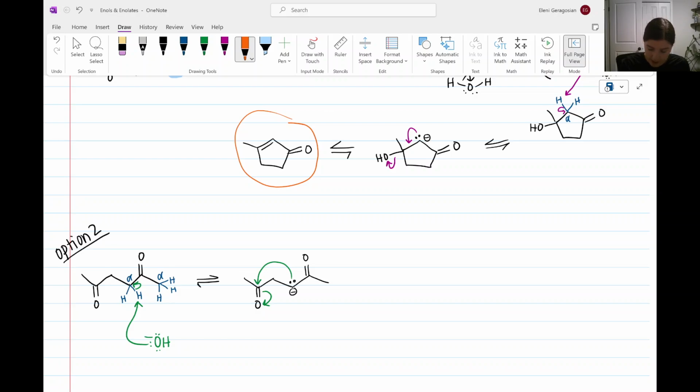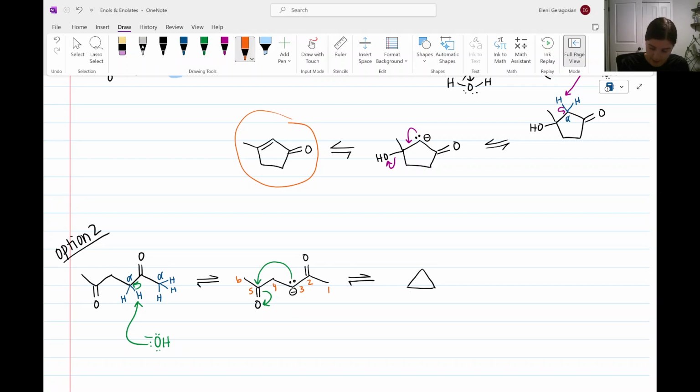So now if we trace our carbons, or we number our carbons, we have 1, 2, 3, 4, 5, and 6. With this enolate that we formed, the new ring is within carbons 3, 4, and 5. So this means we only have 3 carbons in the ring. So I'll just draw a 3-membered ring here.